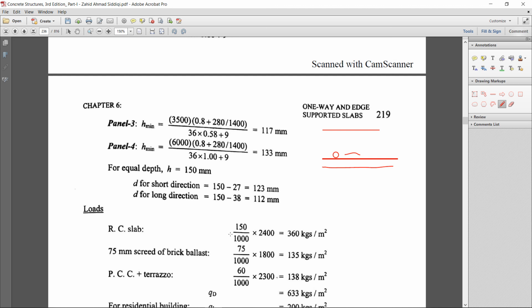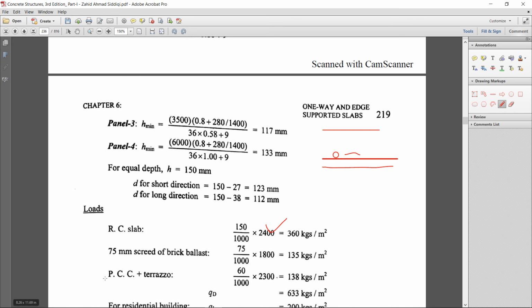So for the weight of the 150 millimeter slab, that is 150 divided by 1000 to convert into meters, multiplied by 2400, the reinforced concrete density, so that is 360 kg per meter square. For the 75 millimeter screed of brick ballast, that is 75 divided by 1000, multiplied by the density of brick ballast, so that is 135 kg per meter square.